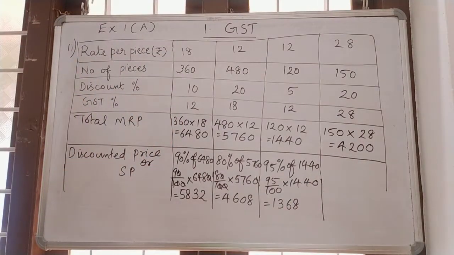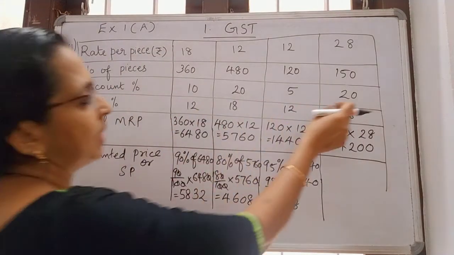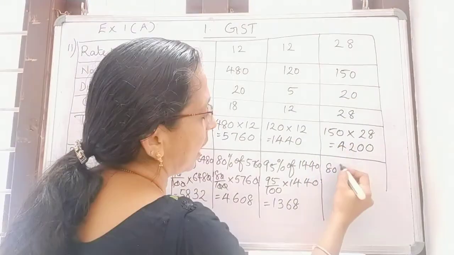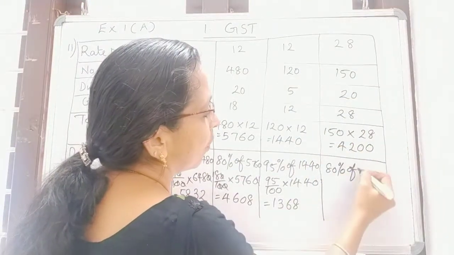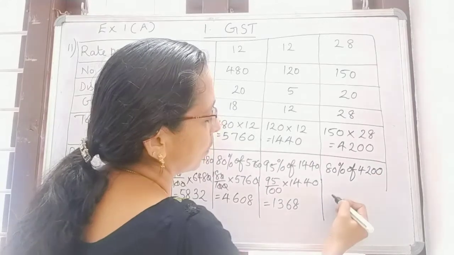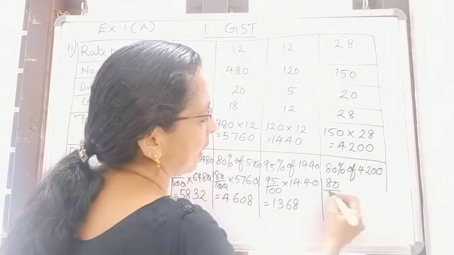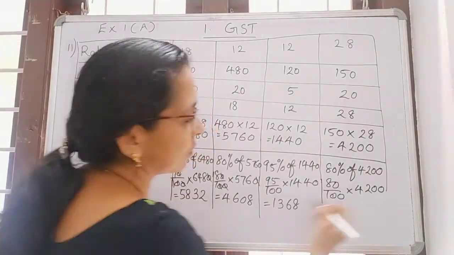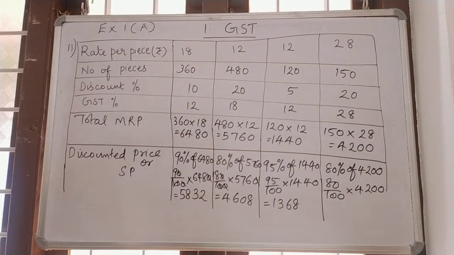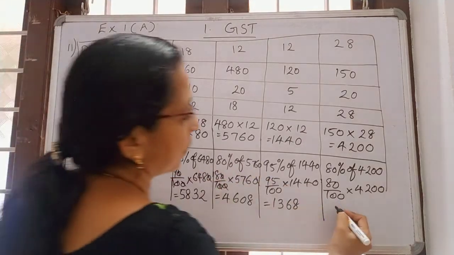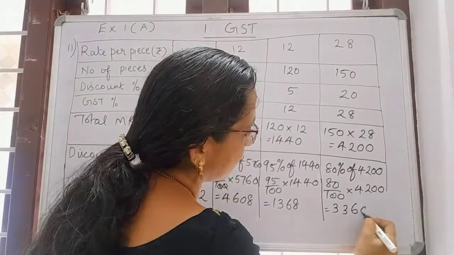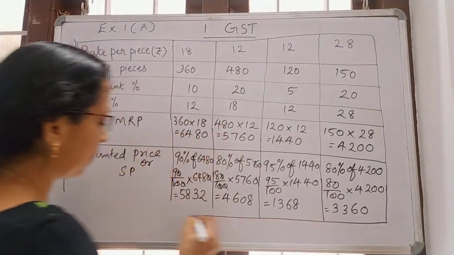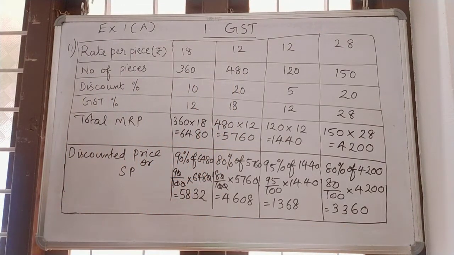Then the discount percentage is 20%, so we write 80% of 4200. So 80 by 100 into 4200 is 3360. So we got the discounted prices.